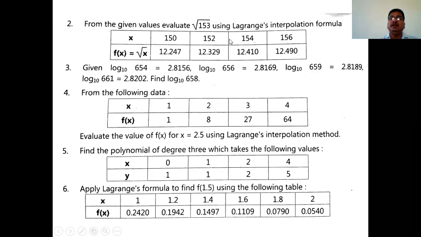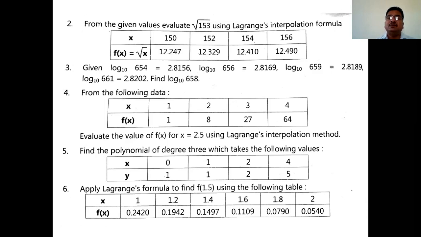So this problem is solvable by using Newton's forward, Newton's backward, and Lagrange's. But in the question it says use Lagrange's interpolation formula. From this example, we observe that Lagrange's interpolation formula is also applicable if the values are equidistant.